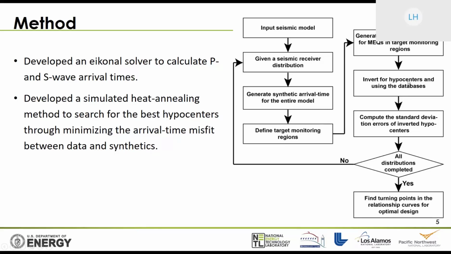Then invert for the hypocenter using the simulated annealing approach, and compute the standard deviation error of the inverted hypocenter. And then we repeat for all possible distributions, and finally can find a turning point on this relationship to determine how many receivers are needed for the microseismic monitoring.